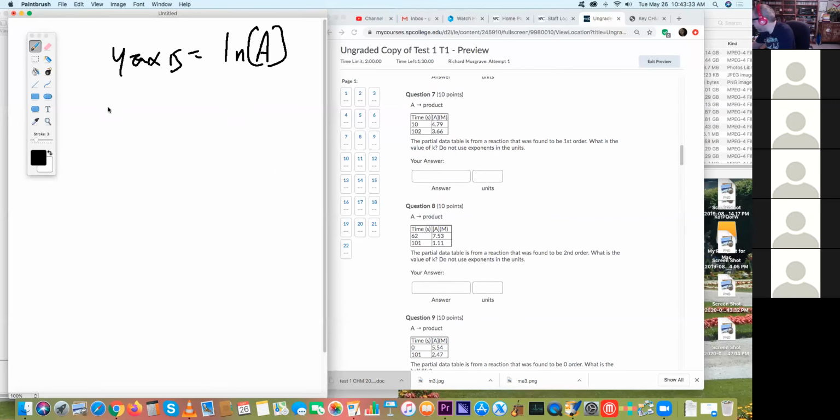It's kind of what we just did, but just on a smaller scale. So we've got 10 and 102 on the time in seconds. And then we've got 4.79 and 3.66 for A.